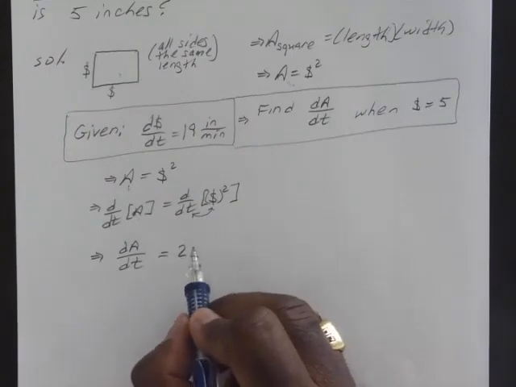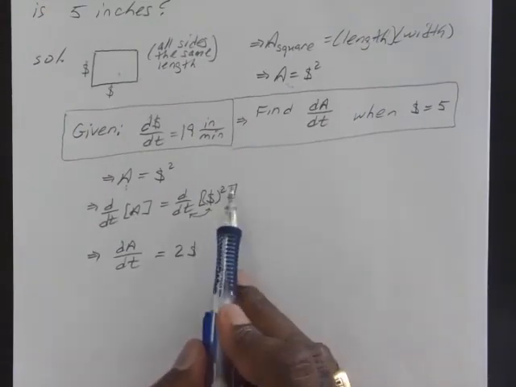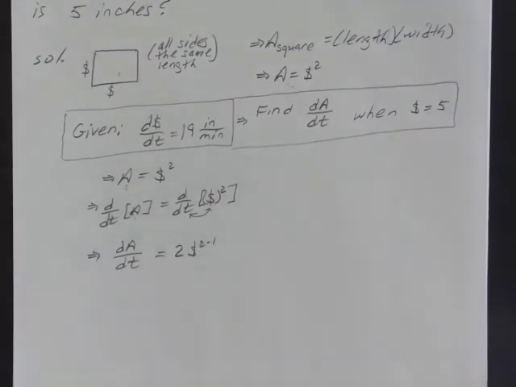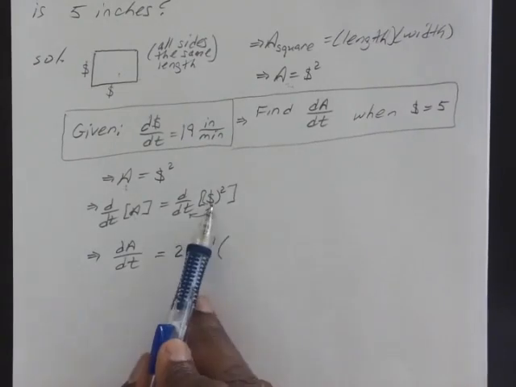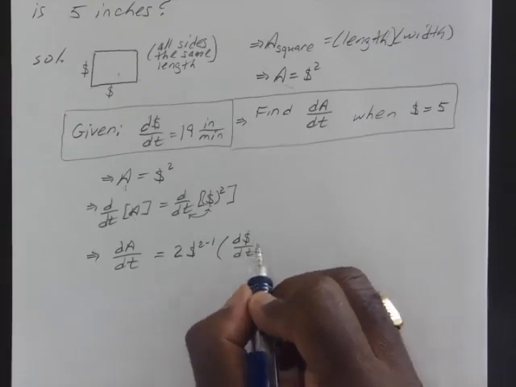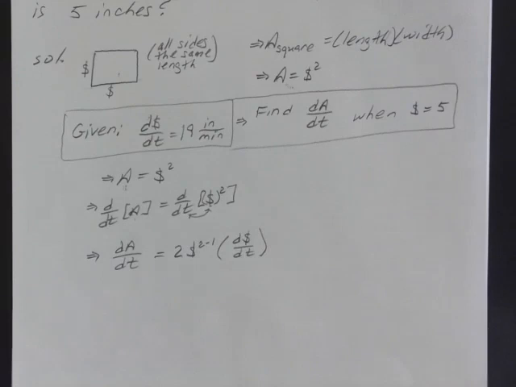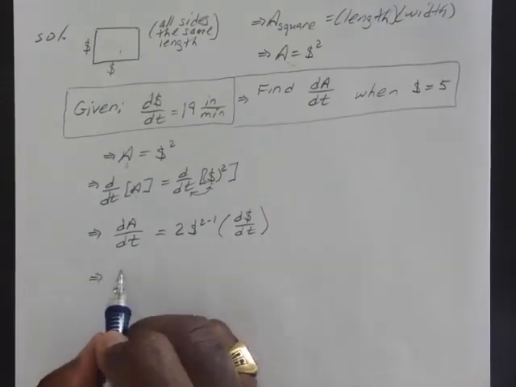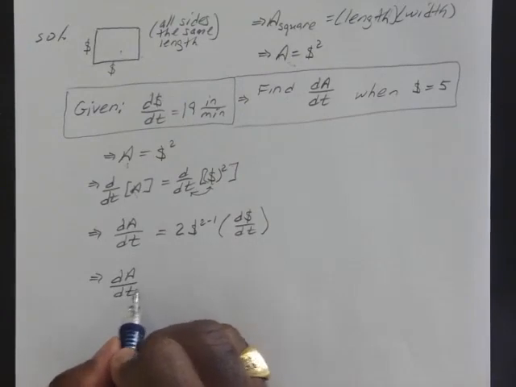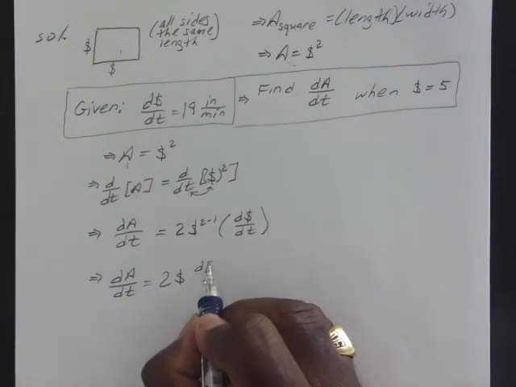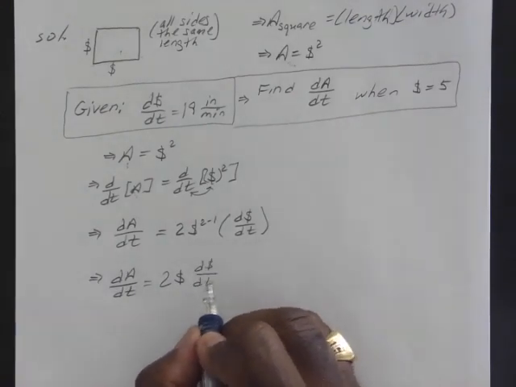So that's 2 times S to the power of 2 minus 1, which is just 1, but I'll write it out anyway, times the derivative of what's inside, which is the derivative of S with respect to t. So we know the rate of change of the area with respect to time is equal to 2 times S times the rate of change of the side length with respect to time.